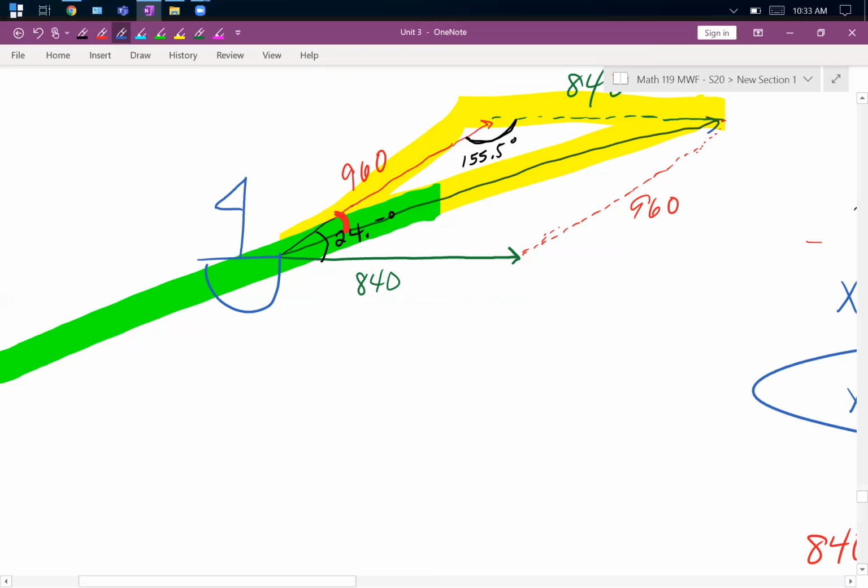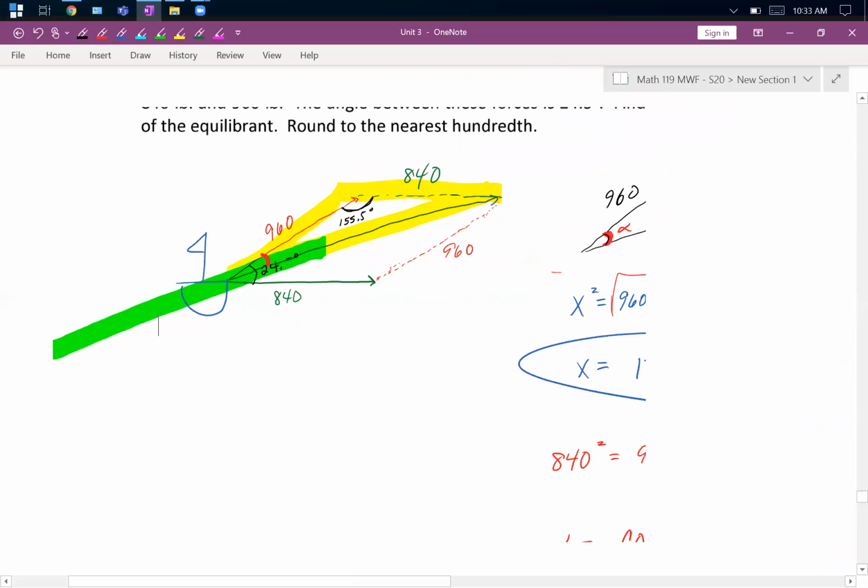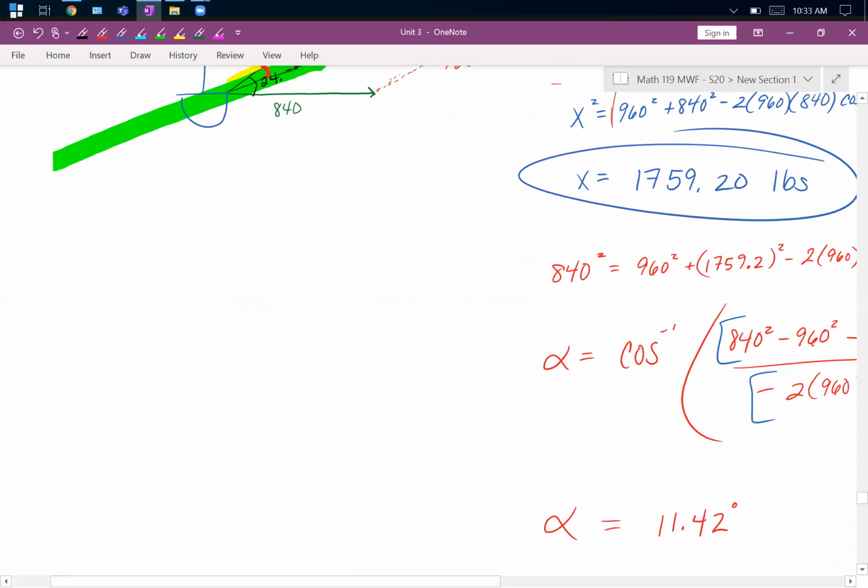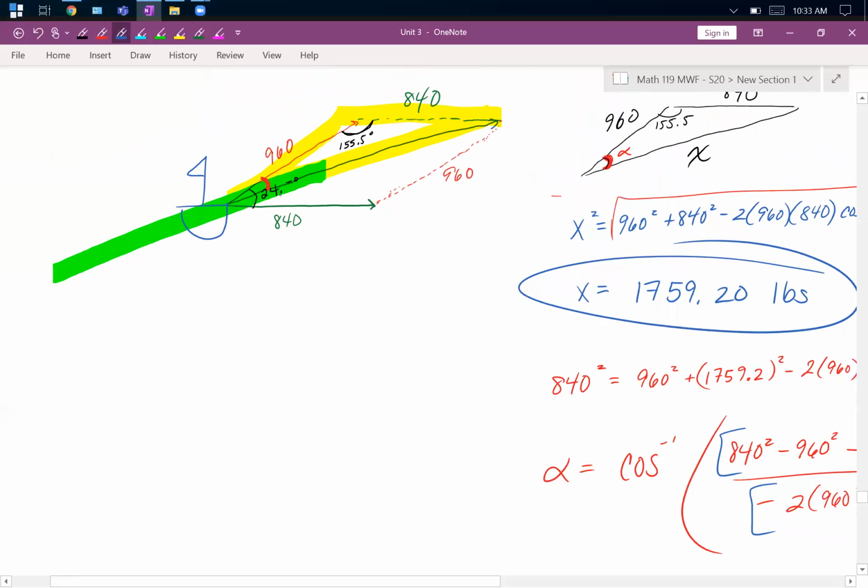So if this part was 11.42, and I know this total angle here was 24.5, what does that make this blue part here?